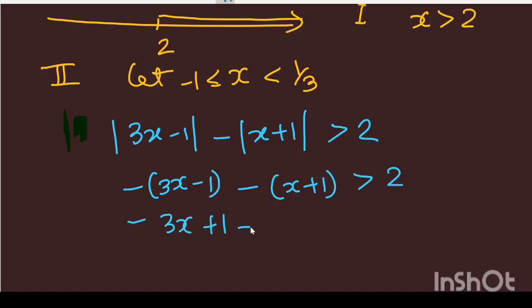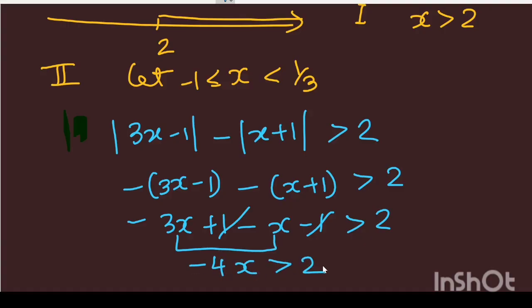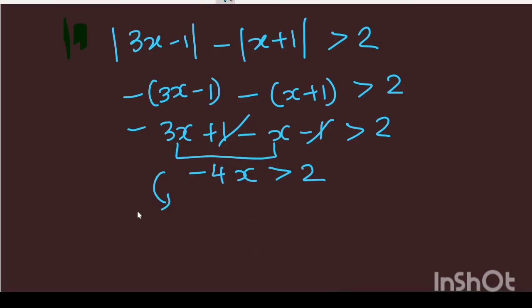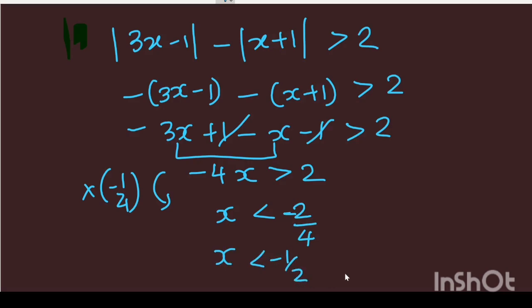Minus is multiplied inside. Now 1 minus 1 cancels out. Minus 3x minus x gives minus 4x greater than 2. Multiplying by minus 1 by 4, we get x, and the sign is reversed, minus 2 by 4. x less than minus 1 by 2 we got.